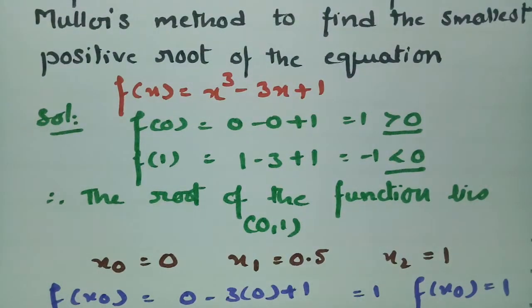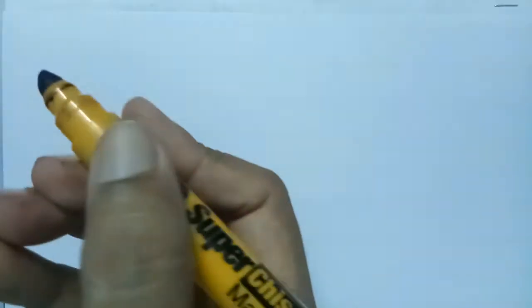According to the working rule, the next thing I have to do is calculate A1. What is the formula?